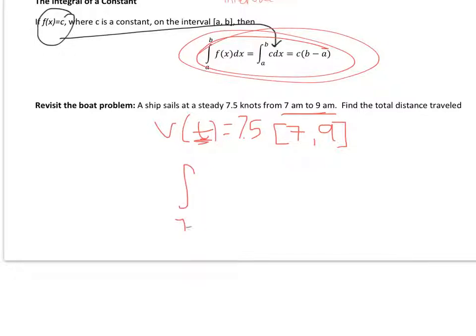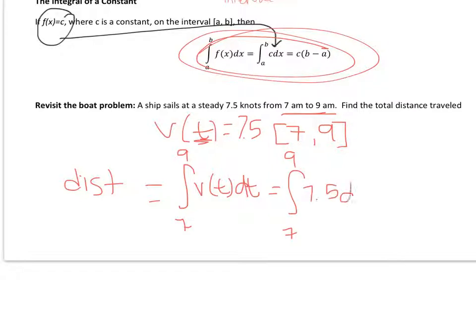So if I use my new integral notation, I would say the distance is equal to the integral from 7 to 9 of my velocity of t, and I'm taking the integral with respect to t. So if I plug in my function, I go from 7 to 9 of 7.5. Don't forget the dt. It should match this notation that we have here.